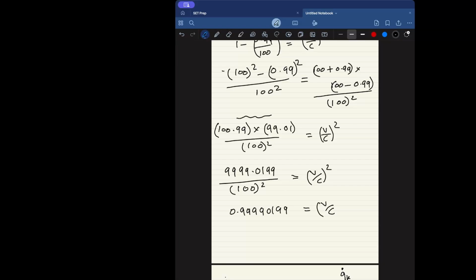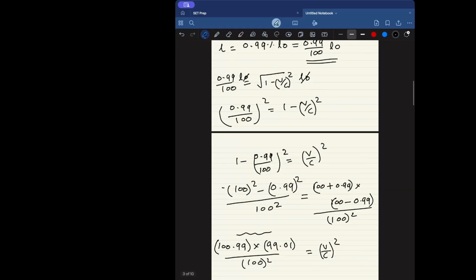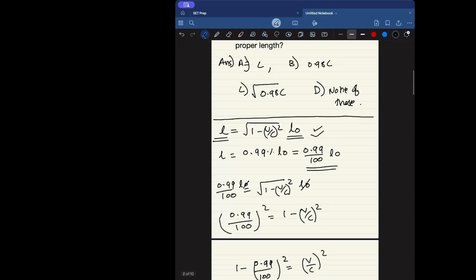So (v/c) square equals this, or v equal to root over 0.99990199 c. Let's check whether there is any option that comes close to this one. This one comes very close to our calculated result.